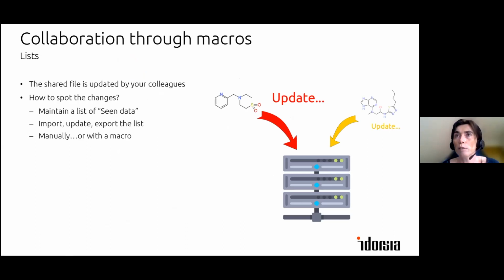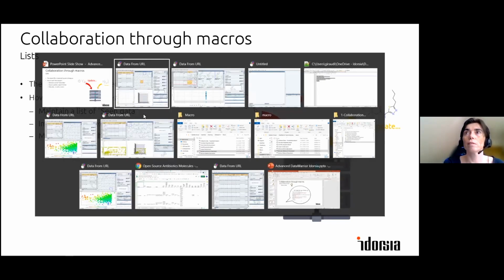So you retrieve your data, the malaria data, for example, you import, so you create a list of the data that you have already seen and analyzed, you export this list on your disk. And then the next time you are importing the data from malaria project, you re-import this list and see whether there is a change. So maybe I will try to show you.